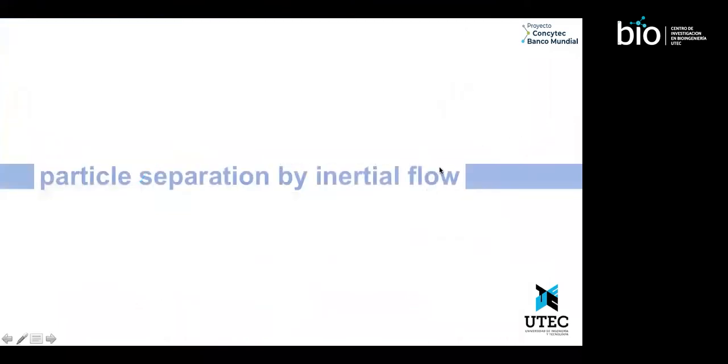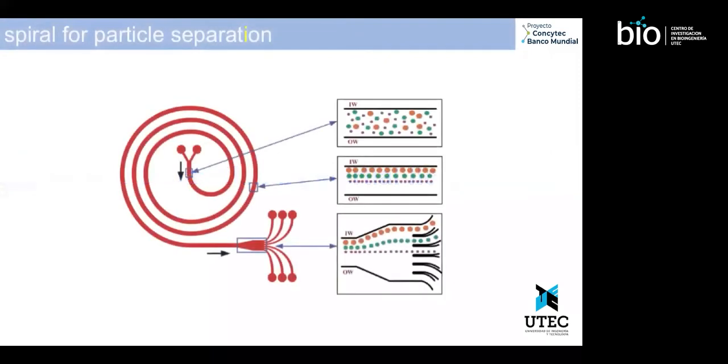So we go to the first part, that is the particle separation by inertial flow. We tested everything with particles, with microbeads, because we shouldn't start with blood immediately. So the idea is we have a spiral, and in the spiral we put in a mixed solution with different sizes of beads.